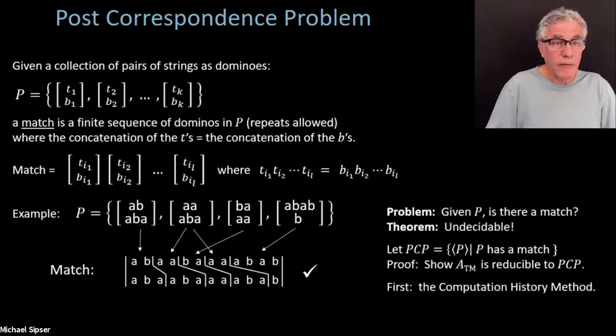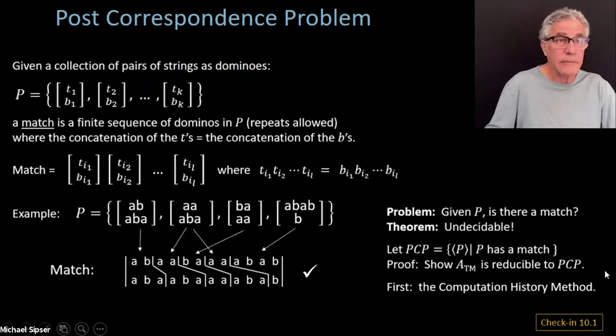Now, before we do that, I'm going to explain to you what the computation history method is in the first place that we're going to be using. So before we do that, here's our first check-in for the day.